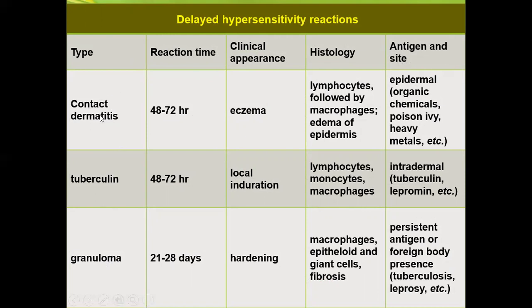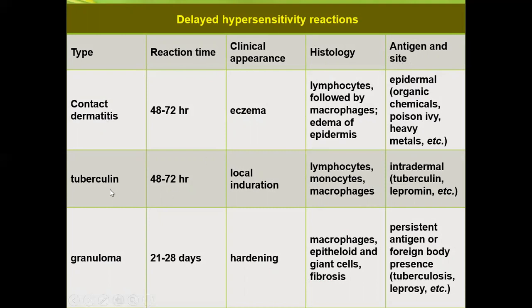Contact dermatitis will develop within 48 to 72 hours, and the clinical manifestation or appearance here is eczema, and the cells and tissues involved here are lymphocytes followed by macrophages, edema of epidermis, and the antigens and sites involved here are epidermal, that is organic chemicals, poison ivy, heavy metals. These are all the allergens or antigens involved in contact dermatitis.